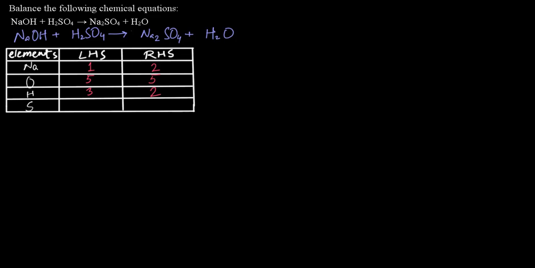Now for sulfur, we have 1 on the LHS and 1 on the RHS. So you can see sulfur and oxygen are already balanced. We just have to balance sodium and hydrogen.